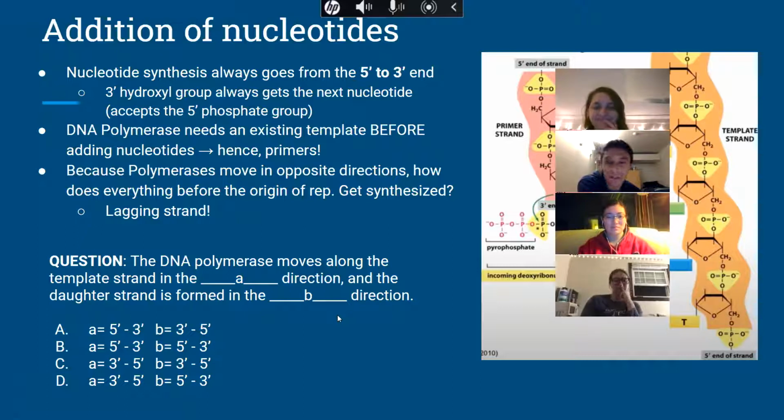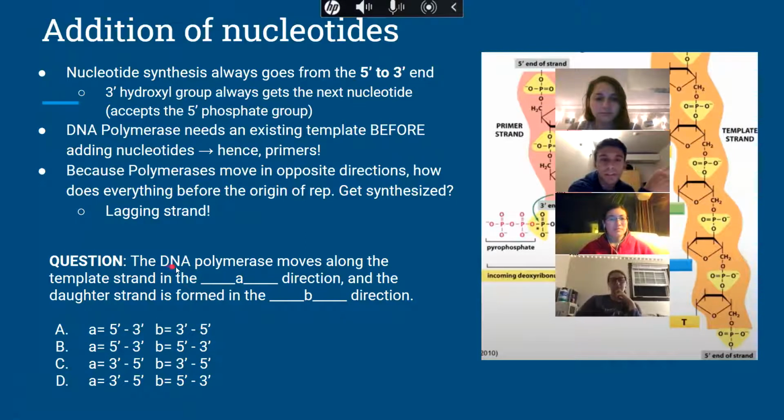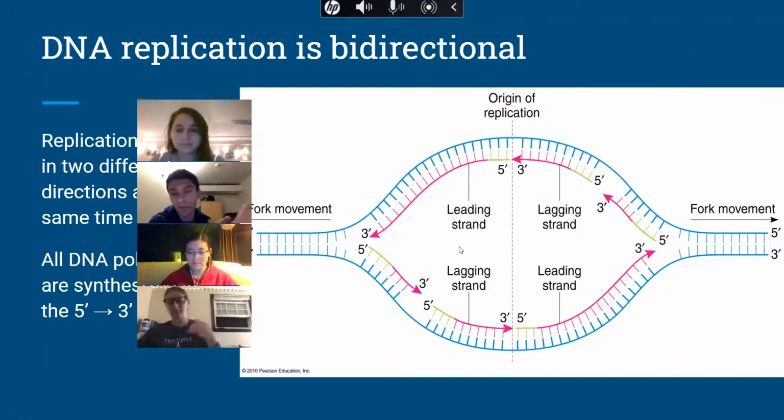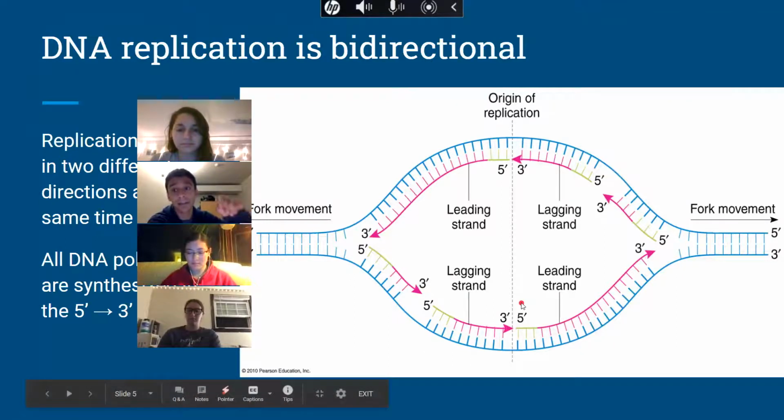Yeah, I think you are thinking of the right thing. So the DNA polymerase, careful with the language here. The DNA polymerase, the protein itself, is traveling along in the 3' to 5' direction on the template strand. So it's moving in the 3' to 5' direction. However, it's adding the newly synthesized strand in the 5' to 3' direction.